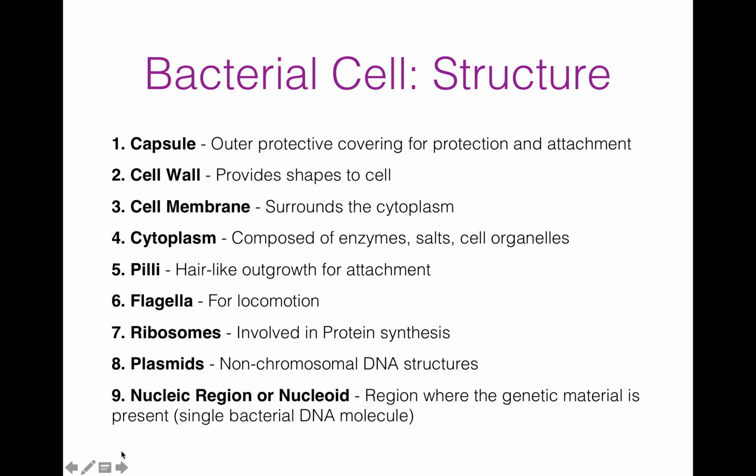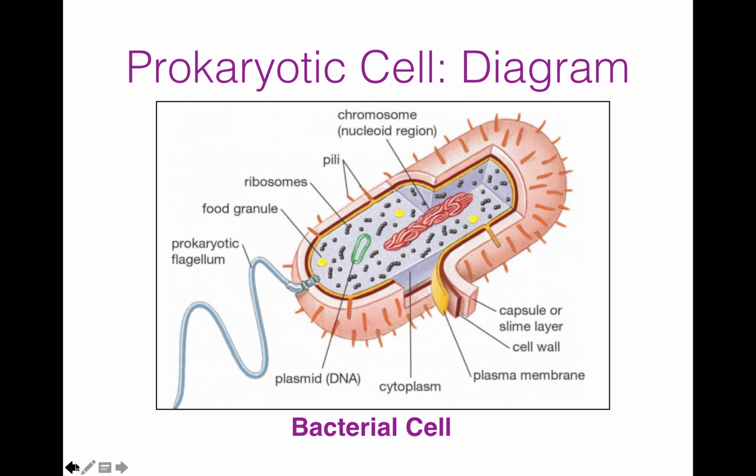Then see pili. These are hair-like structures present on the surface of the cell that attach to other bacterial cells. The shorter pili, which are also called fimbriae, help bacteria attach to surfaces.